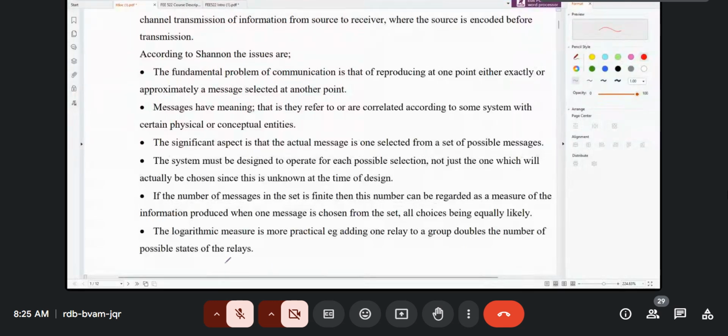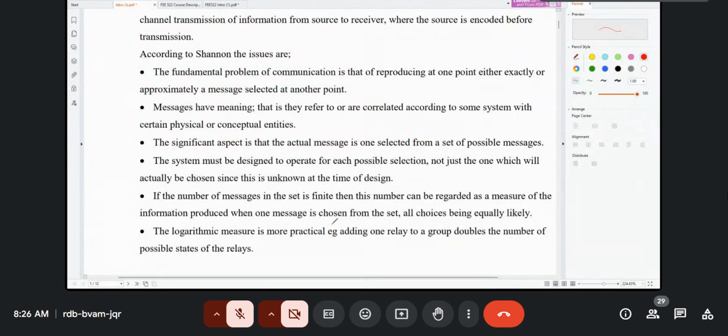So we'll be dealing with the numbers which you are going to call information, and that will depend for each symbol on the probability of a symbol being transmitted.